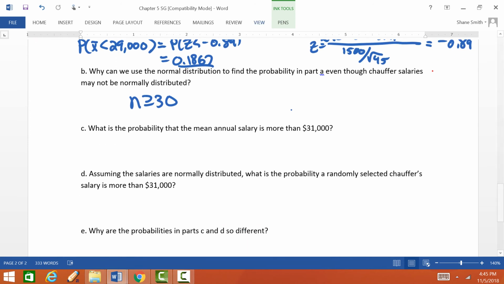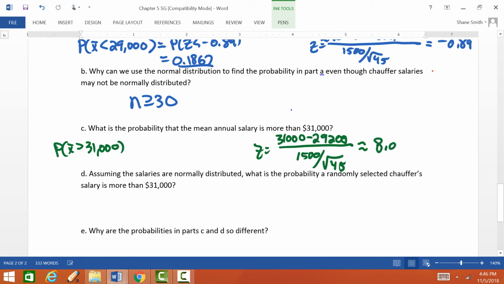Okay, similar question, except it's greater than 31,000. So your z-score is going to be 31,000 minus 29,200 over 1,500 divided by the square root of 45.